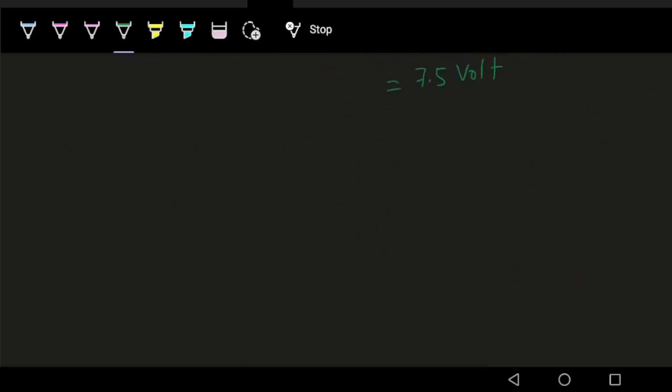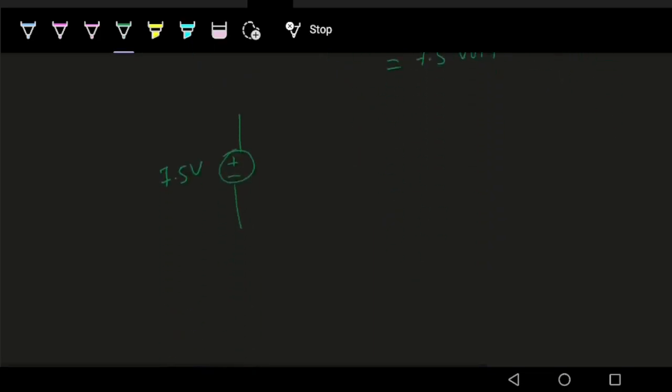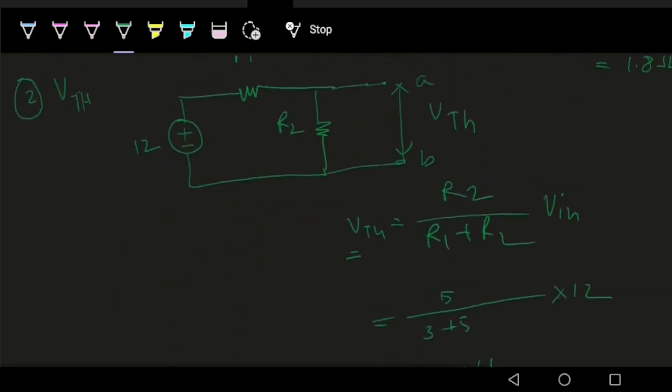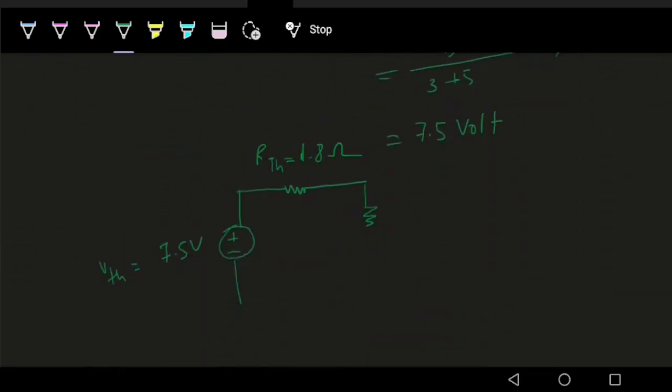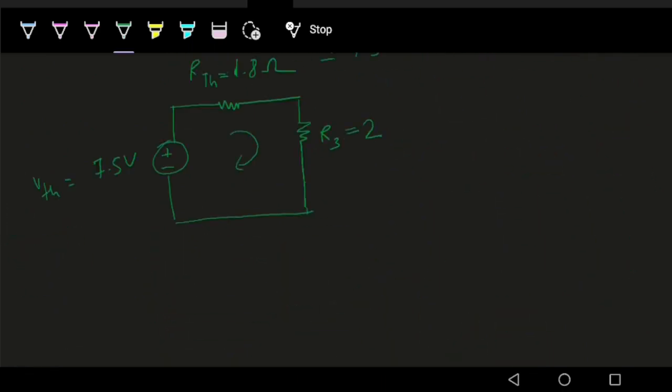Now we can have our Thevenin's equivalent circuit of 7.5 volt. This is VTH, in series with RTH equal to 1.8 ohm. Reconnect the load, which was R3 equal to 2 ohm. Now we'll calculate the current in this circuit.